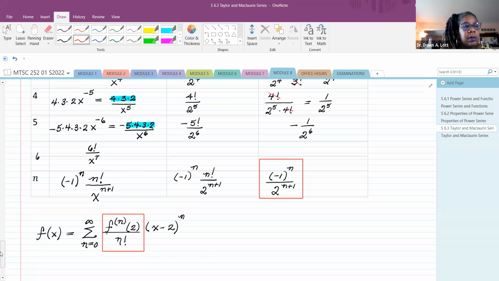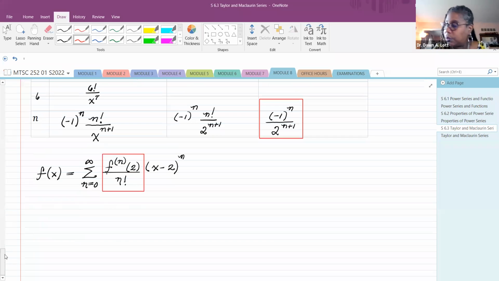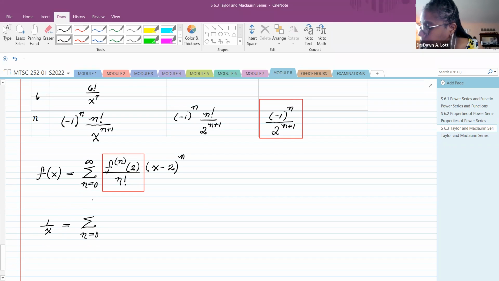All righty. So therefore, I get 1 over x is the sum n equal 0 to infinity.